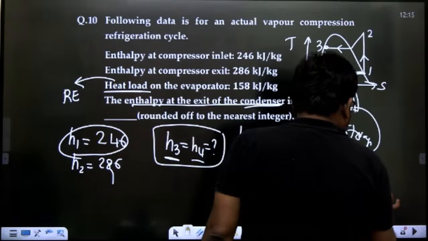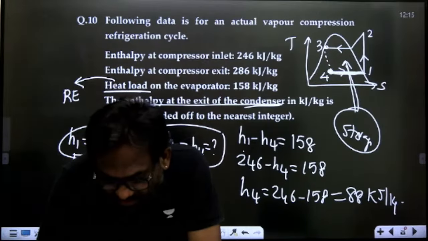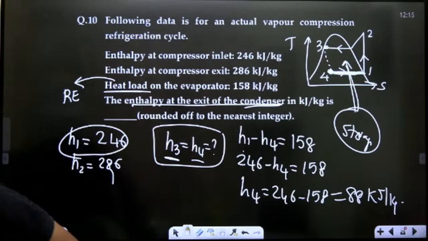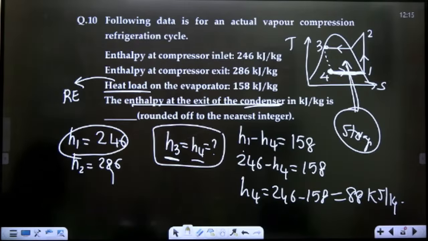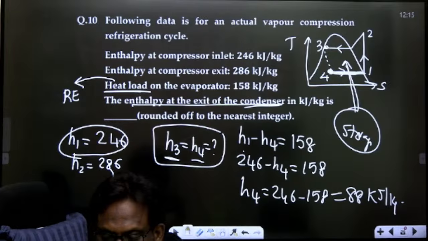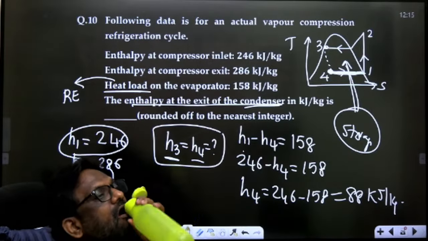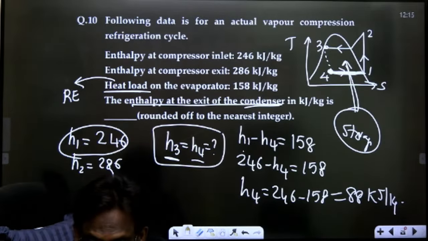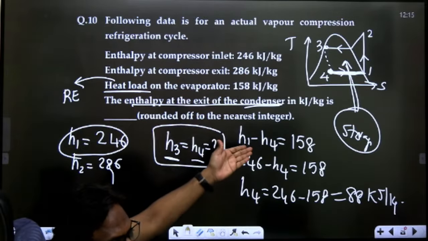Sad, you people are not in a position to calculate also. Very sad. It seems difficult. Did you understand? 88. It is nothing, a simple question, he has given everything.